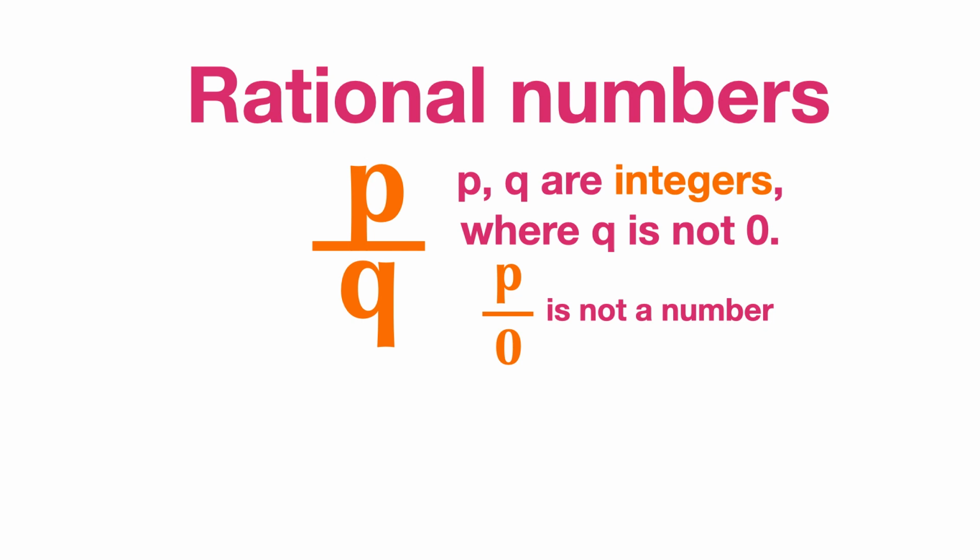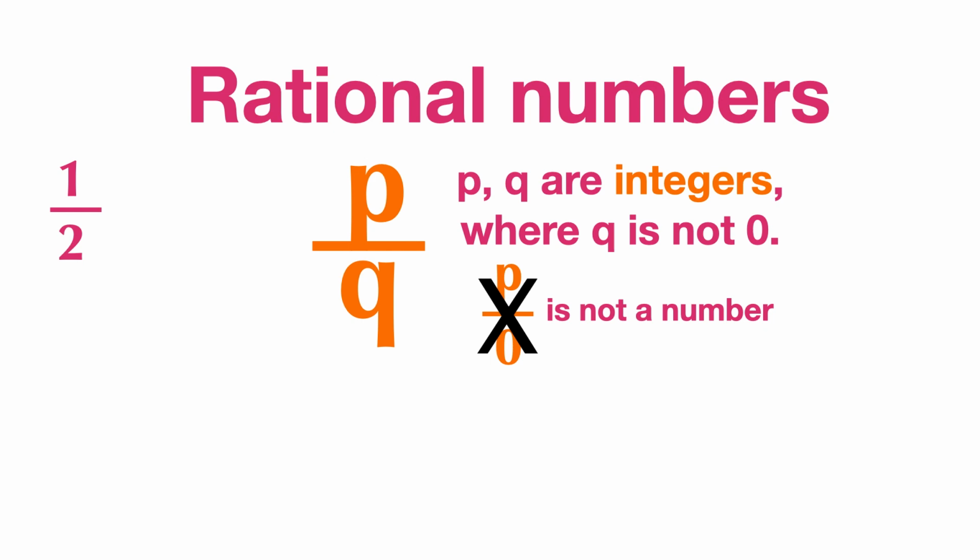Rational numbers are numbers that can be expressed as a fraction or ratio of two integers. P over Q is a fraction, and P and Q should be integers, but Q cannot be zero. P over 0 is not a number, it does not exist.